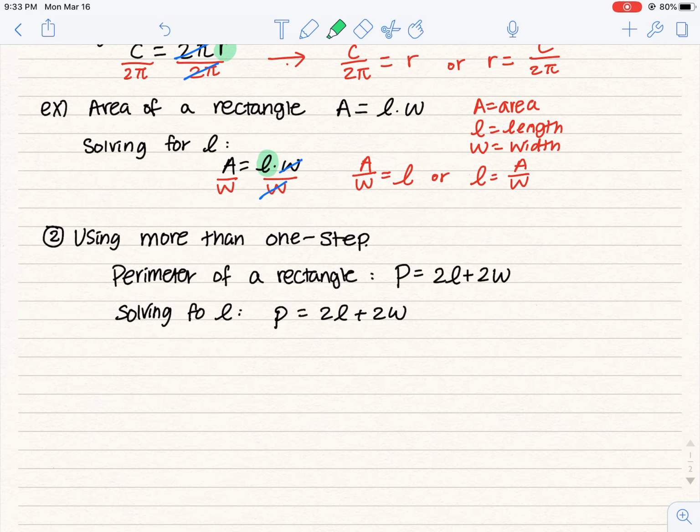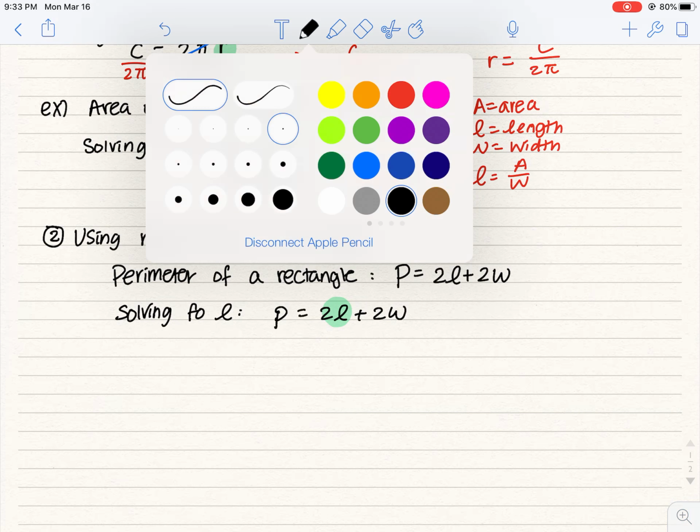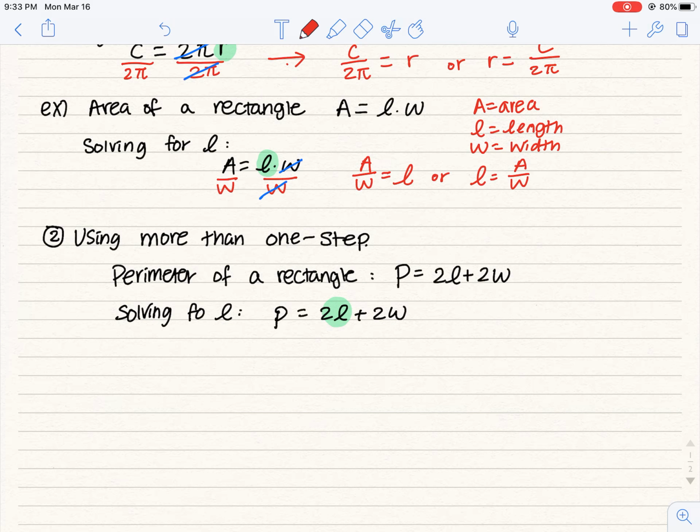First, I'm going to identify that L is the variable that I want to isolate. If you notice, 2L plus 2W is on one side, and then P is on the other side. So I'm going to see what I can get rid of in order to simplify this. I'm going to subtract in this case because I'm adding 2W.